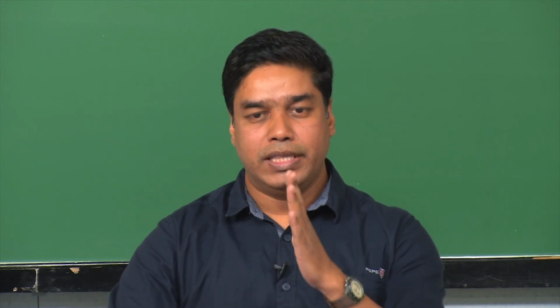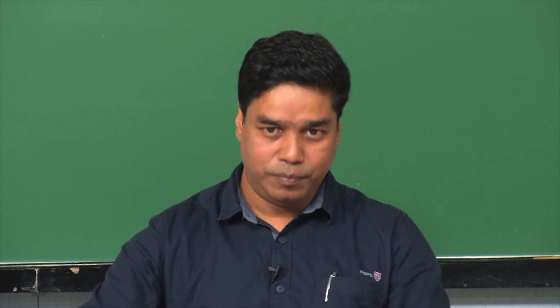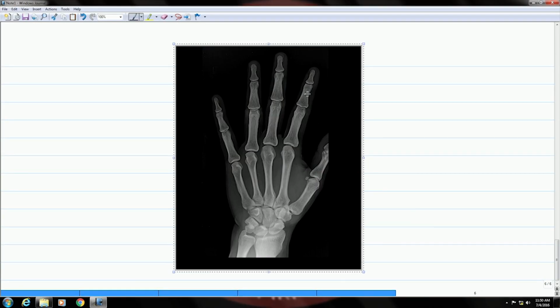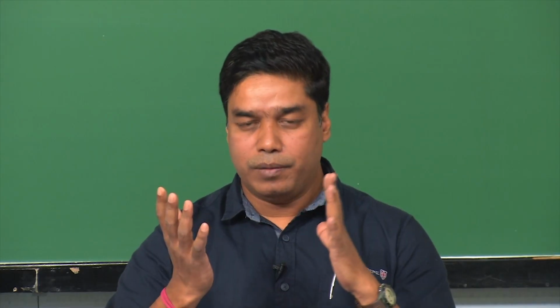In this particular radiograph, since the bones are the most dense parts, they will absorb more energy compared to the flesh and tissues around them, and that is why the energy coming out from the bones will be much lower compared to energy coming out from other portions of the hand or any other body part.